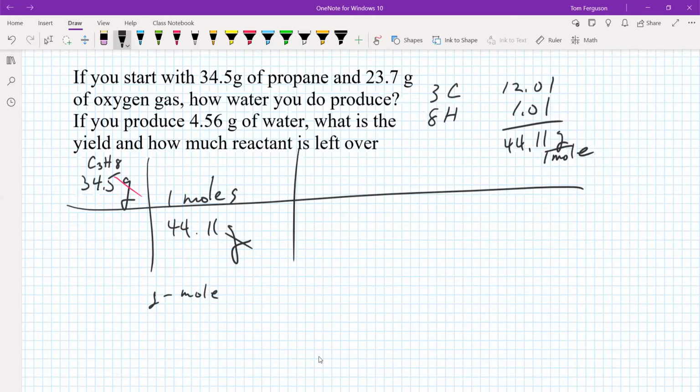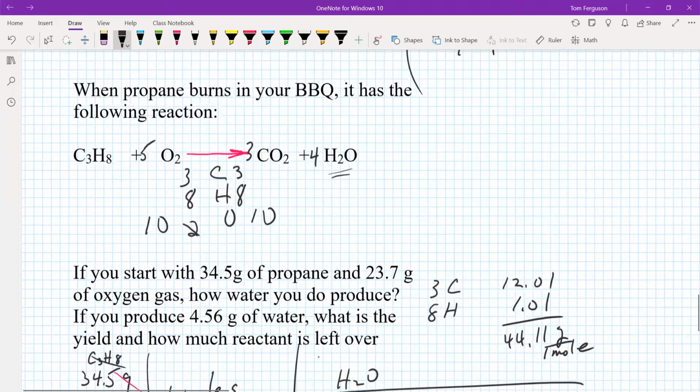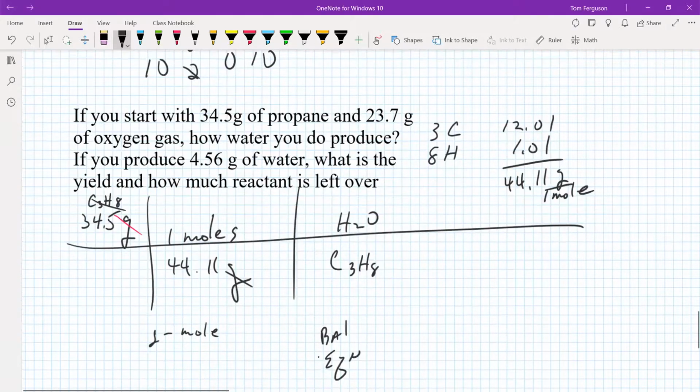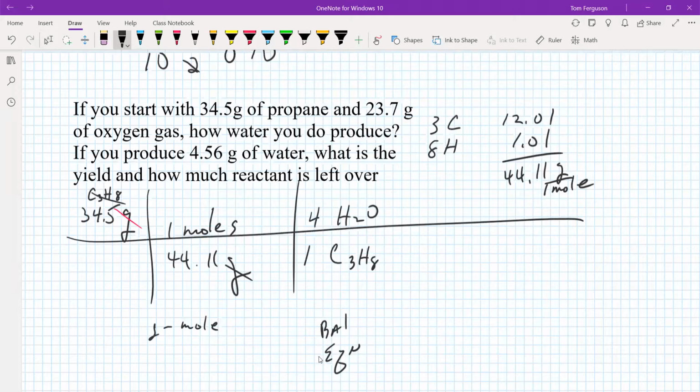Our next step is from the balanced equation. We want propane on the bottom and we want water on top. Okay, so from the balanced equation, we're looking at water's 4, propane's 1. And then the next step here is going to be moles of water, grams of water.